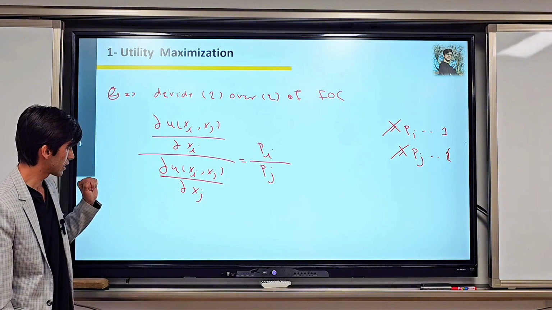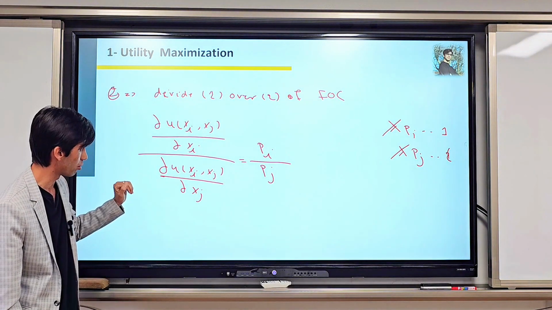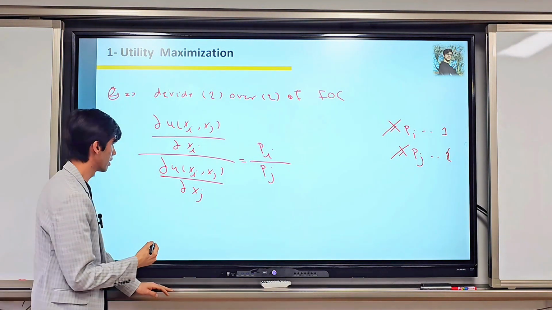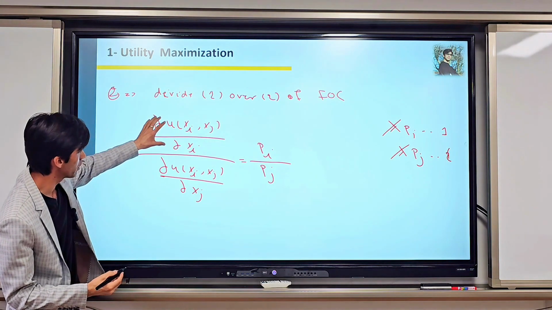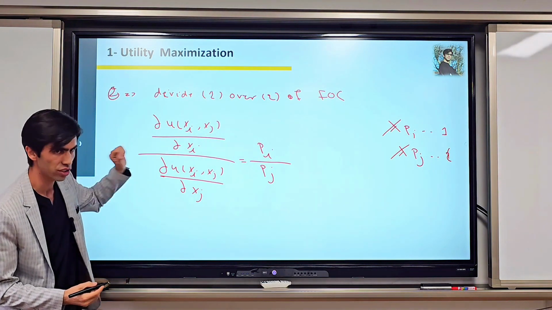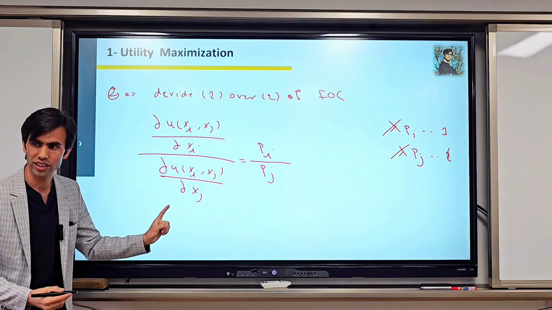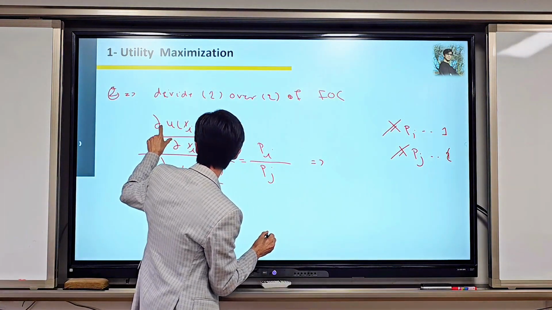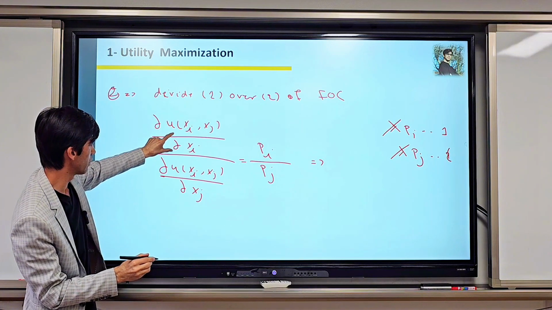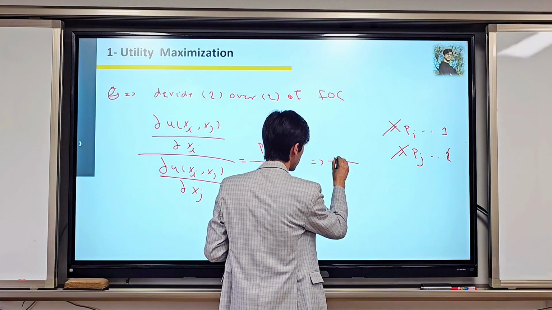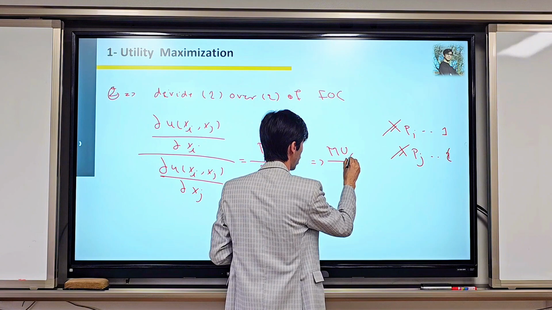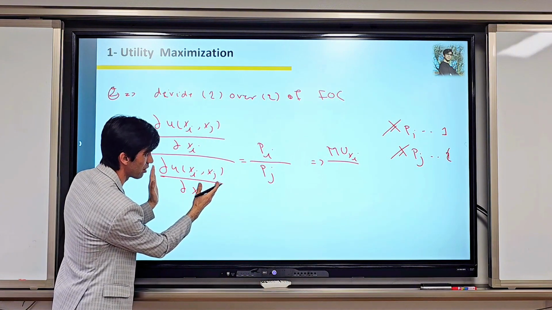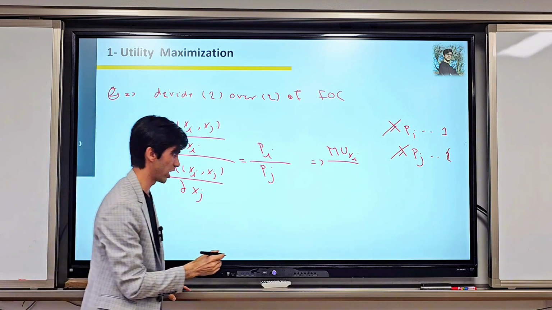If you see this formula, something will come to our mind. The partial derivative of the utility function with respect to xi is the marginal utility of xi. So instead of the partial derivative of utility with respect to xi, we can write the marginal utility of xi. And this one is exactly the formula for the marginal utility of xj.